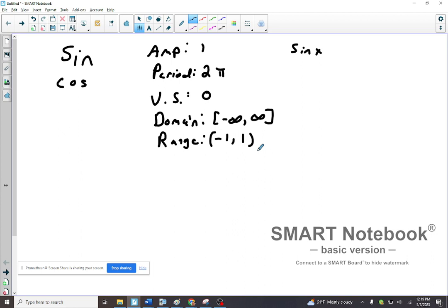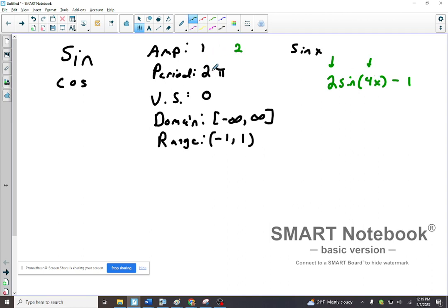Now, let's say we had an example like 2 sine 4x minus 1. In this example, the amplitude is your A value, the front value, so your amplitude is 2. Your period is based off this B value.